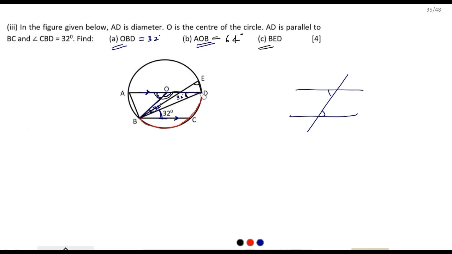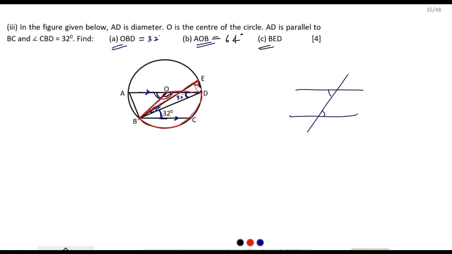By the arc BD, angle subtended at the center is this, 180 minus 64, and angle subtended by this arc on circumference is this, which we have to find, and angle subtended at the circumference will be half of the angle subtended at the center.